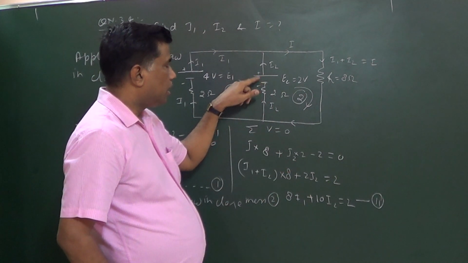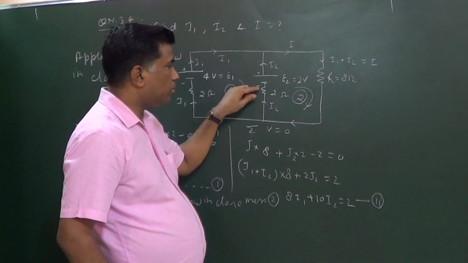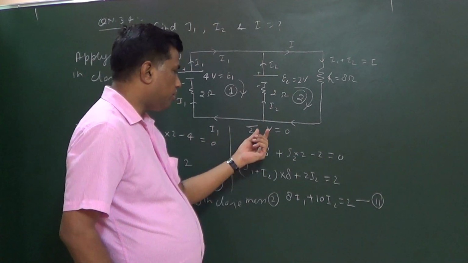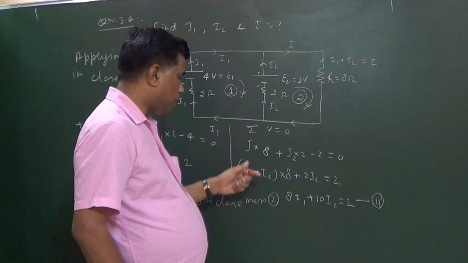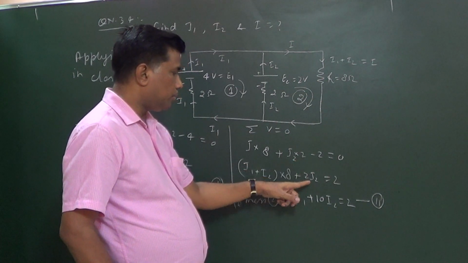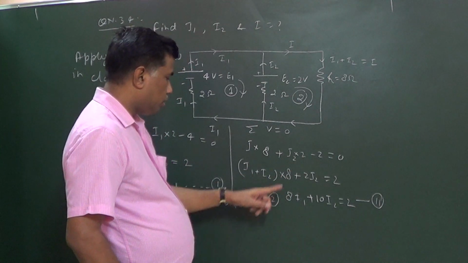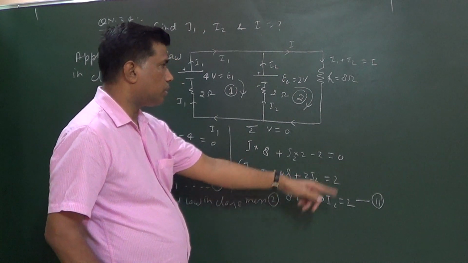Across this cell, the potential difference is negative as we are moving from negative to positive. Sum of all voltage equal to 0. This I is the sum of I1 plus I2, so I have written I1 plus I2 into 8 plus 2I2 equal to 2. Now 8I1 plus 8I2 plus 2I2 equal to 10I2 equal to 2. This is equation number 2.